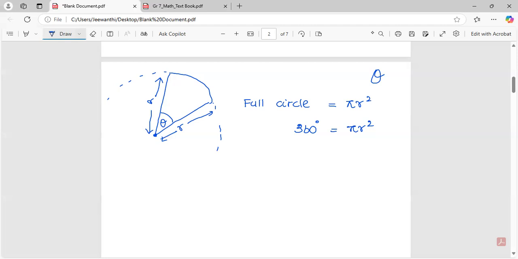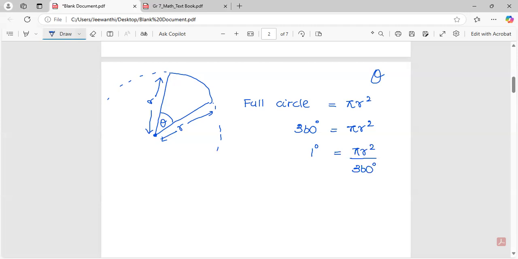To deal with this theta degree, I want to bring the equation in terms of the degree value, that is, convert this into angular form. For that, I convert the full circle into degrees. The full circle means 360 degrees, that is equal to πr². So 1 degree is equal to πr² divided by 360.